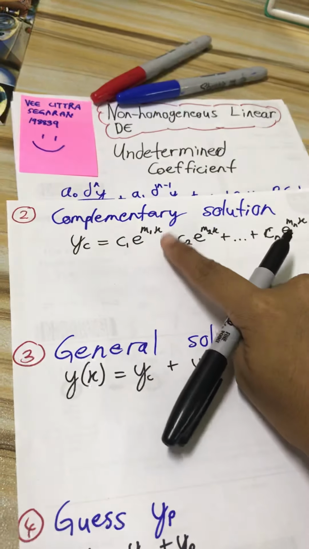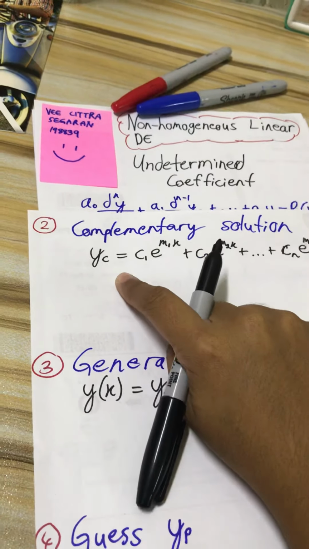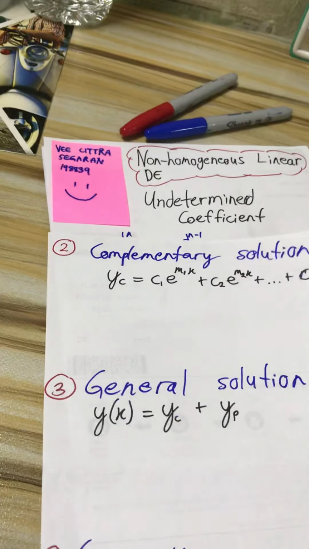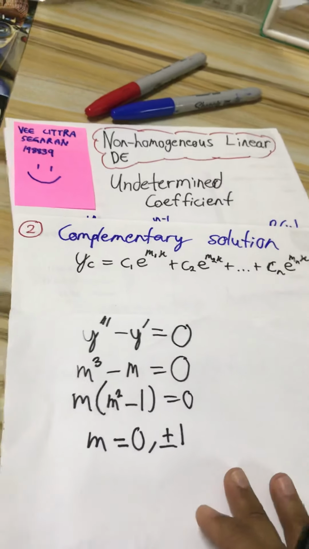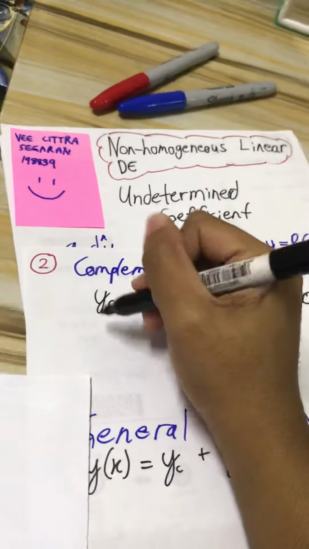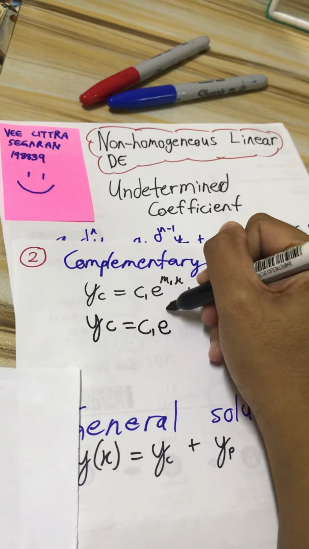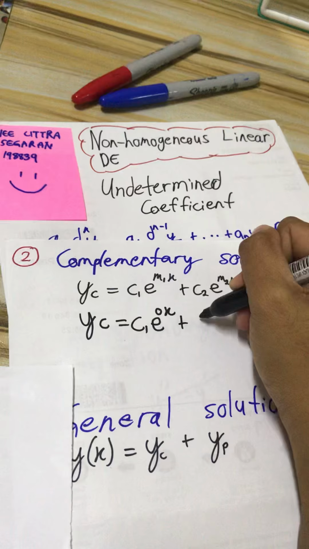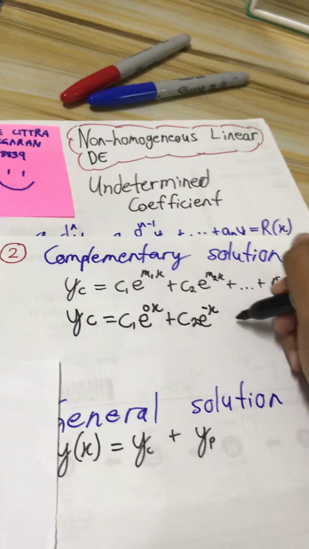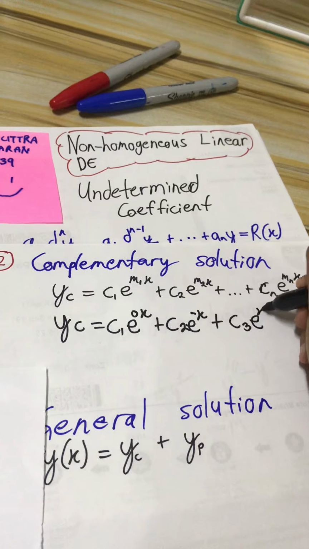Where we find the complementary solution. The complementary solution is yc. So here we just substitute the values of m that we get here. So we get m equal to 0 and plus minus 1. So yc equals c1 e power of m1, which is 0x, plus c2 e power of m2, which is minus 1x, plus c3 e power of x.